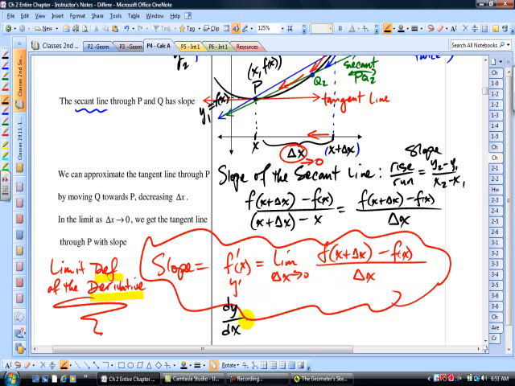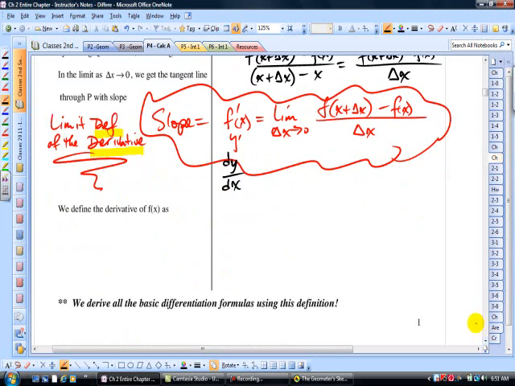Okay, so you have three ways to name the derivative of function y or function f in this way. Okay, and the only thing you need to do is get used to it. We find the derivative of f as, well, I just stated it right here. We derive all basic differentiation formulas using this definition.